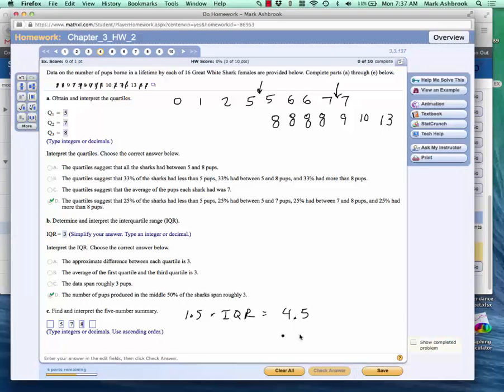And then we're going to go 5 minus 4.5. So you take quartile 1, and that is 0.5, which means that this 0 is an outlier, or potential outlier. So now we're not going to use 0, we're going to use this number 0.5.